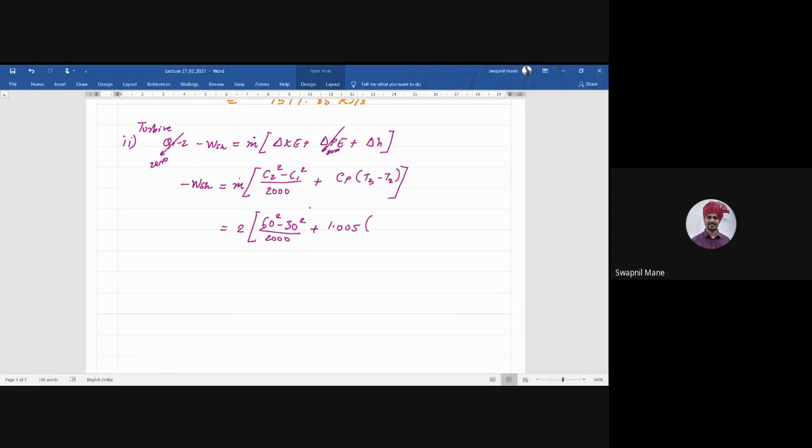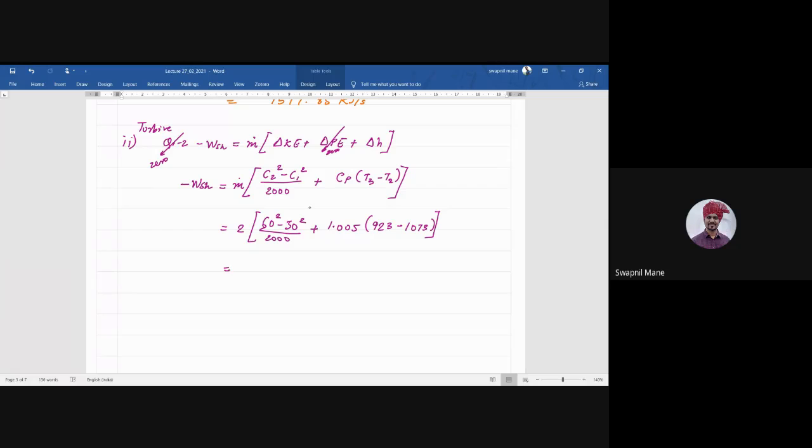So what is T3? 650 plus 273 is how much? 923. Right. So 923 minus 1073 will become this value.